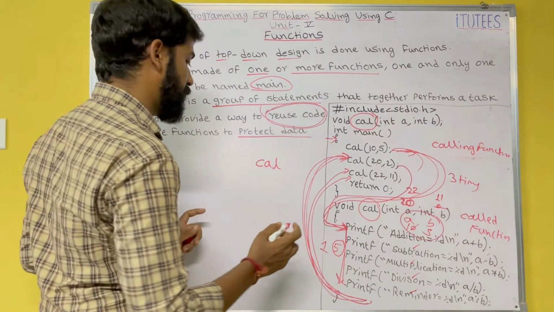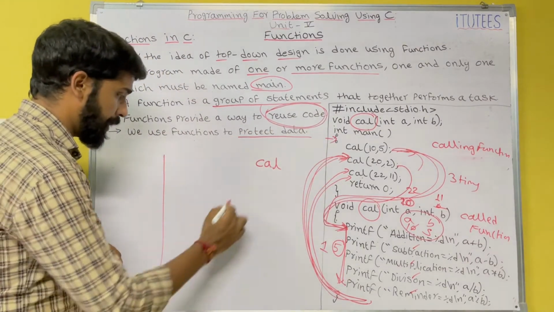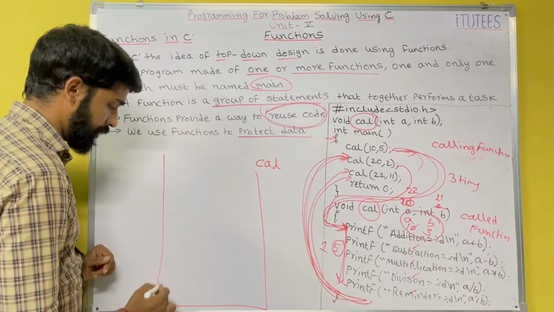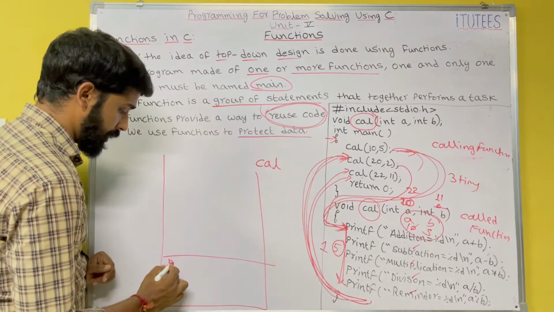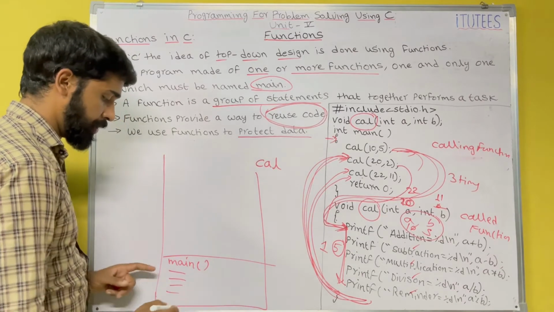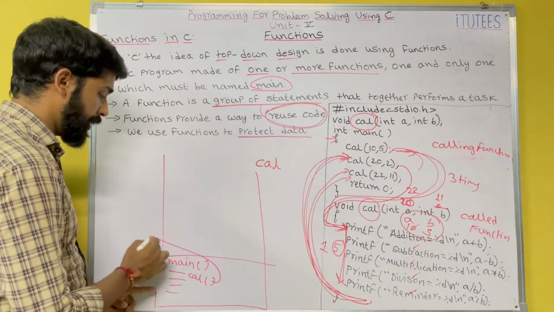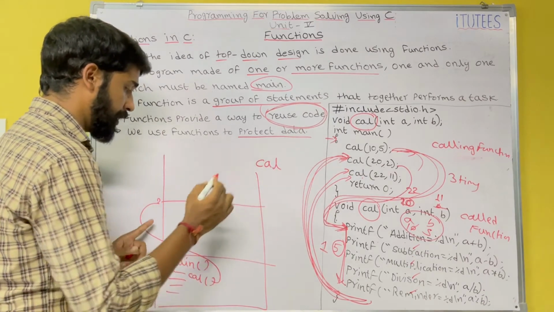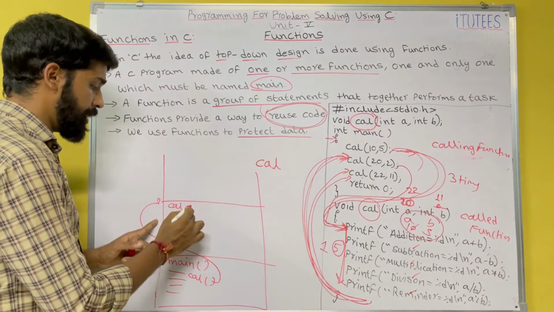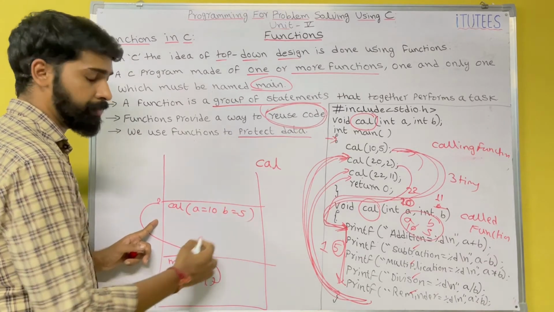In our previous classes, we discussed memory allocation. In that memory allocation, first the operating system calls the main method. For this main method, memory is allocated. Then the cal method: again in the stack, memory is allocated for cal, with a equal to 10 and b equal to 5.